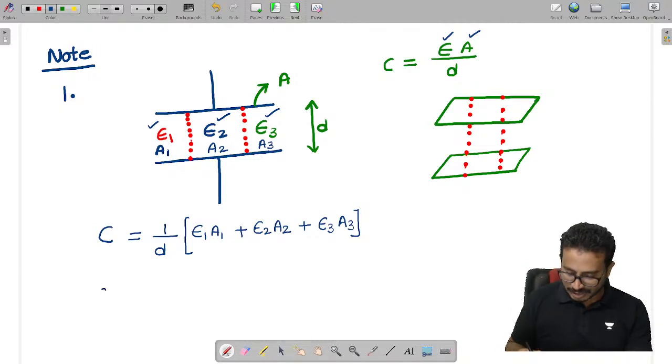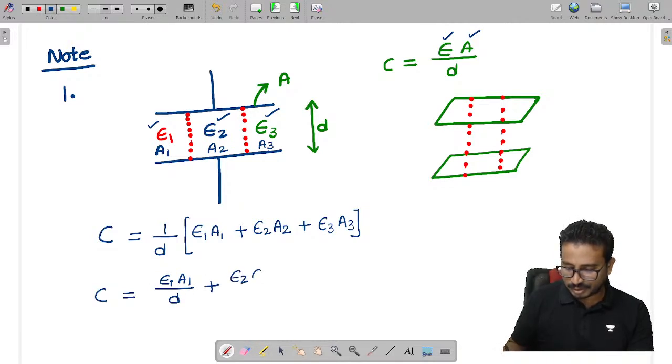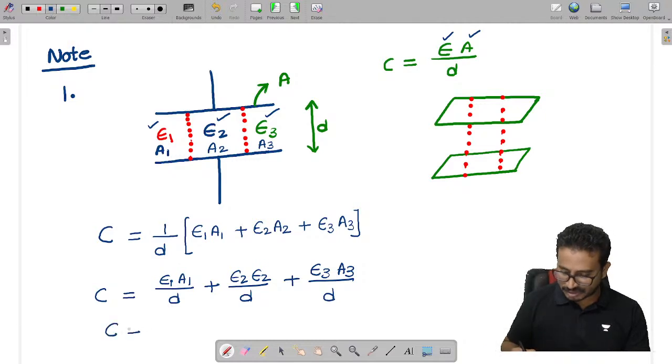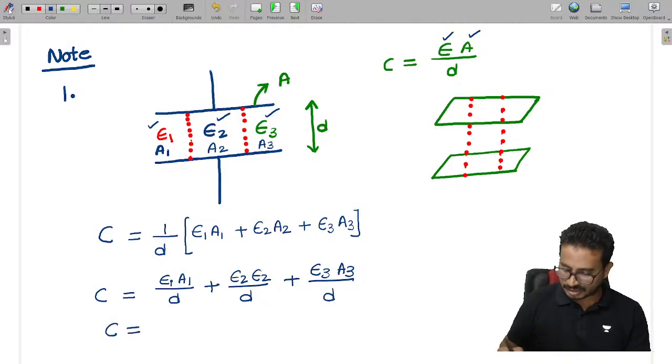Now if you observed carefully, this thing we can also split as epsilon 1 A1 by D, plus epsilon 2 A2 by D, and plus epsilon 3 A3 by D. This which is given as C, I can write as C1 plus C2 plus C3.